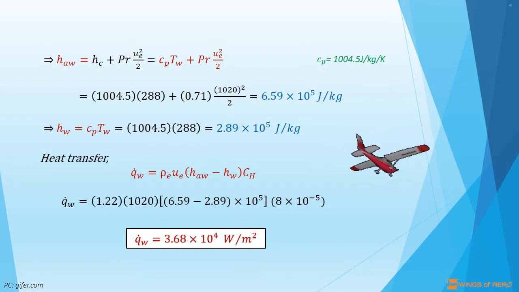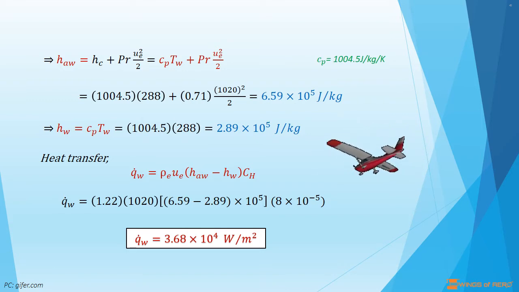Then find the adiabatic wall enthalpy HAW. The heat transfer depends on the wall temperatures and the amount of viscous dissipation. For incompressible and compressible quiet flow with a constant Prandtl number, the adiabatic wall enthalpy HAW is equal to HE plus PR into UE square divided by 2. Here the pressure remains the same. From the derivation of the enthalpy equation, the specific enthalpy is equal to the heat transfer for a constant pressure process.